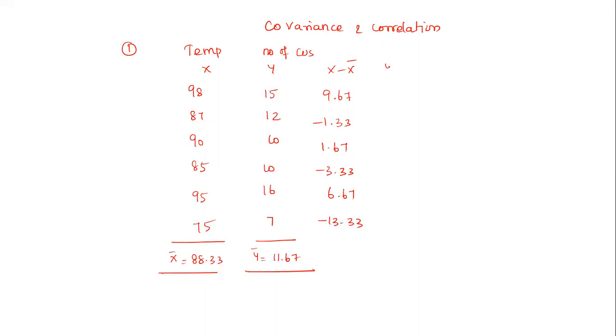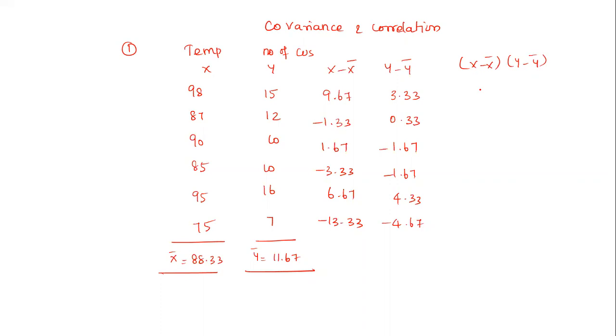Similarly, we'll calculate Y minus Y bar, which is 15 minus 11.67. That is 3.33. And 12 minus 11.67 is 0.33. Similarly, the Y minus Y bar values for the others are minus 1.67, 4.33, minus 4.67. Then we will calculate X minus X bar into Y minus Y bar.